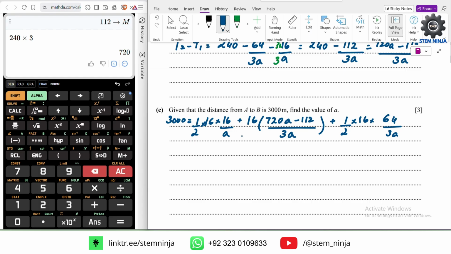What do we have over here? We have a in the denominator, we have 2 in the denominator.